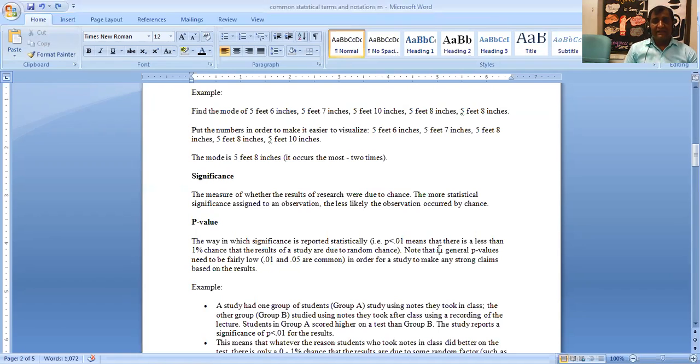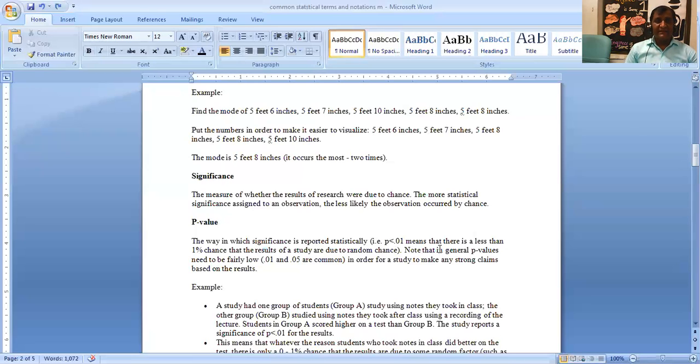In general, the p-value needs to be fairly low, 0 to 5% is common, in order for a study to make a strong claim based on results. If the researcher decides the significance level is 5%, then we check the significance with the help of a p-value of 0 to 0.05.